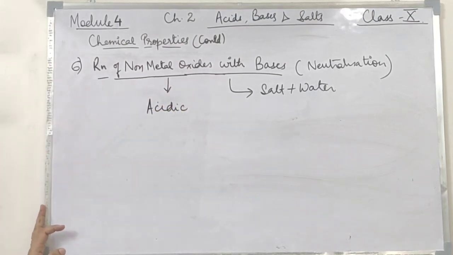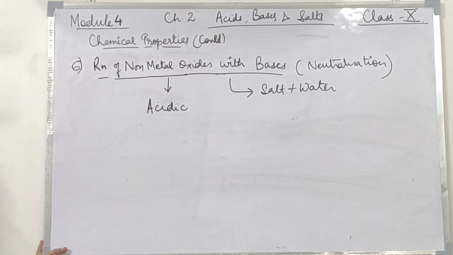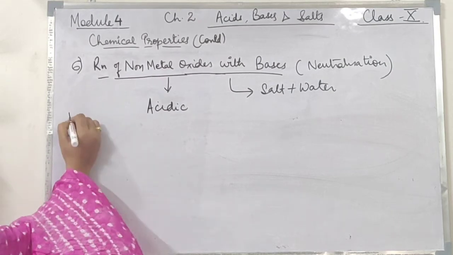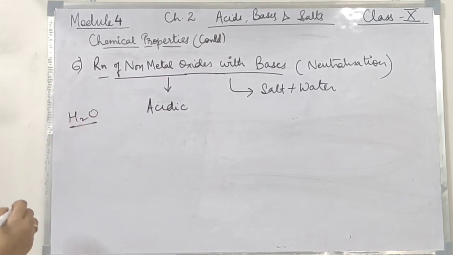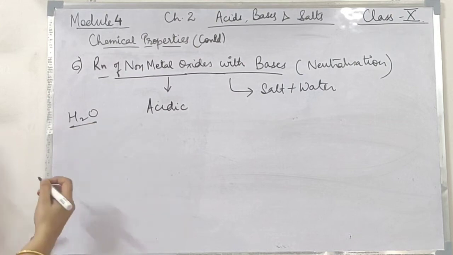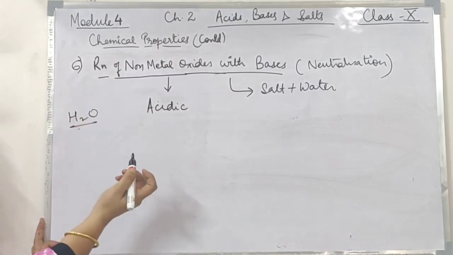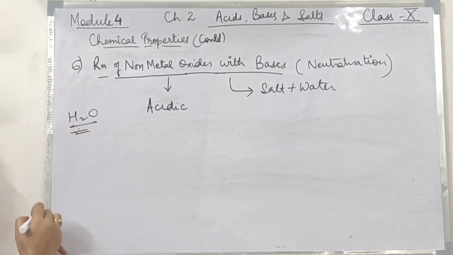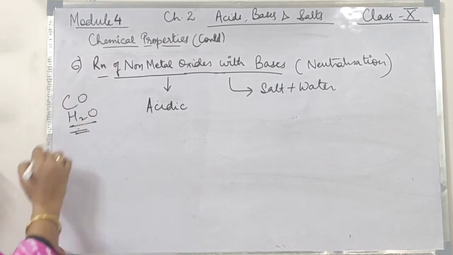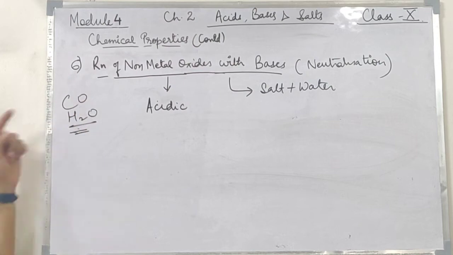Some non-metal oxides are neutral, like carbon monoxide or water. What is water? Can you guess? It is an oxide of hydrogen. And hydrogen, you know, is a non-metal. This is neutral. Similarly, carbon monoxide, this is an oxide of carbon. This is also neutral.